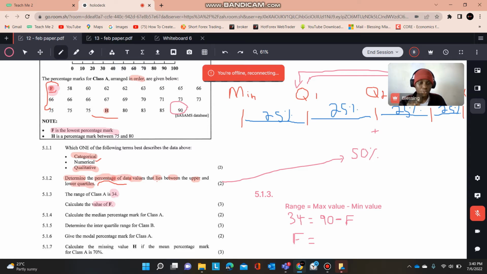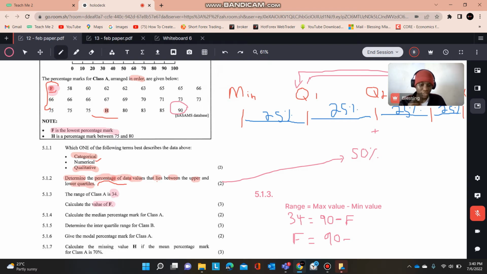Know that when you take numbers or variables to the other side of the equal sign, they change to the opposite sign, right? And this side you are left with 90. Even the 34, I'm going to take it to the right hand side, and when I do that, it's going to change the sign from positive. This side was positive. You see there's no sign. When there's no sign on the number or a variable, it means it's positive.